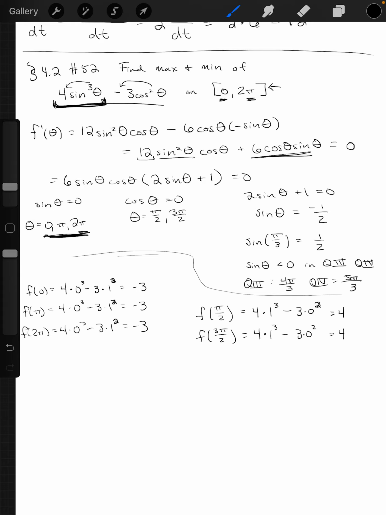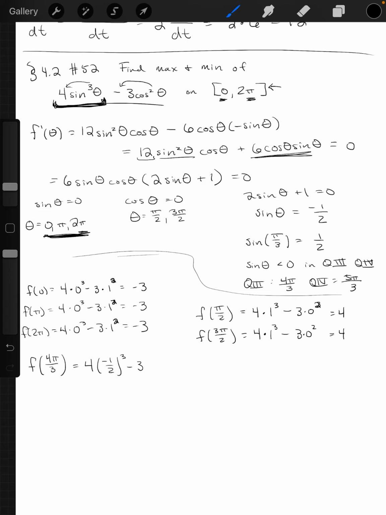Now, the next two are going to be a little bit more exciting, but not super exciting because of the way things worked out. 4 pi over 3, we know that that's going to give us sine equals negative 1/2. So we get negative 1/2 cubed minus 3.